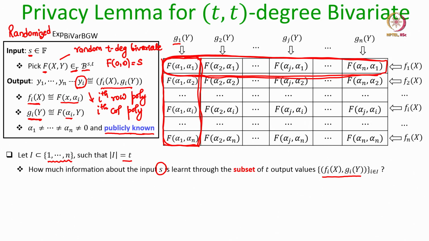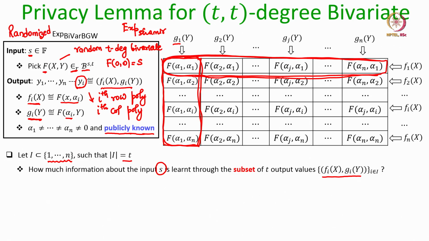The name of that experiment was EXP sub Shamir. In the context of that experiment, we had proved that any subset of t output values does not reveal any information about the input S, namely the probability distribution of any subset of t output values in that experiment was independent of the input S.